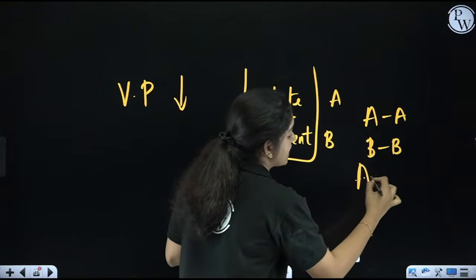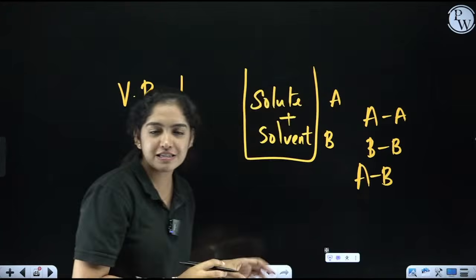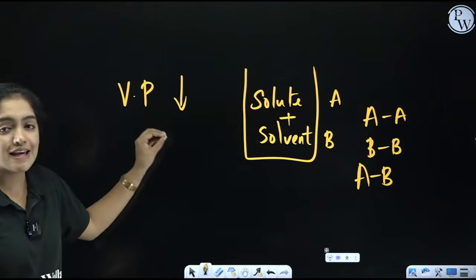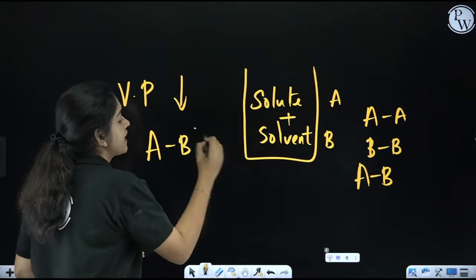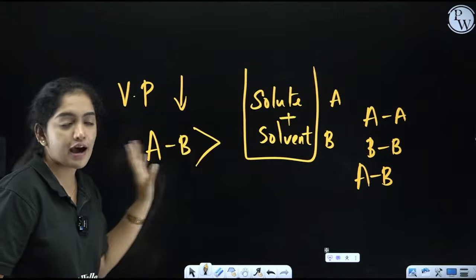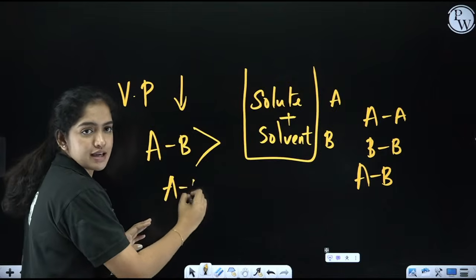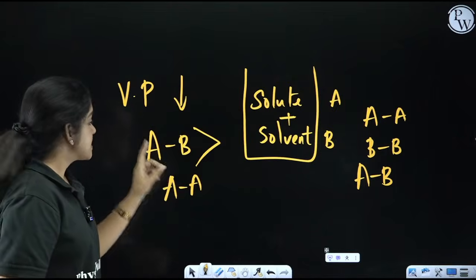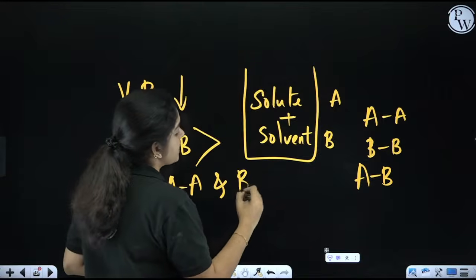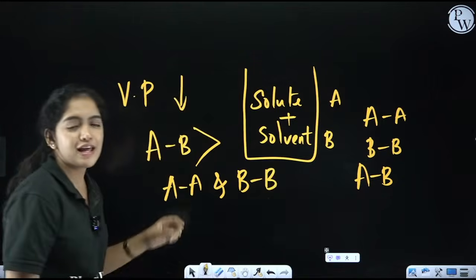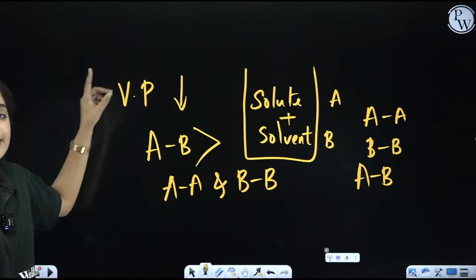So they will have an interaction like AB interaction is also there, right? So in the case of negative deviation, the AB interactions are very high. AB interactions are higher than AA interaction. Got it? Clear? So AB interactions are greater than AA interaction and BB interaction. So that's why they are showing a negative deviation.